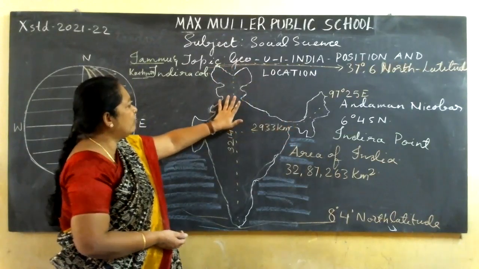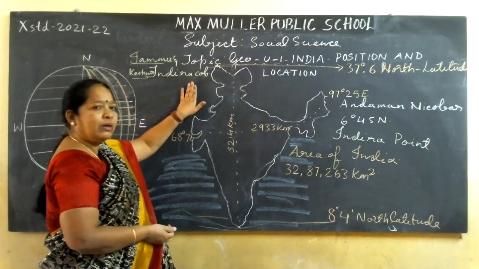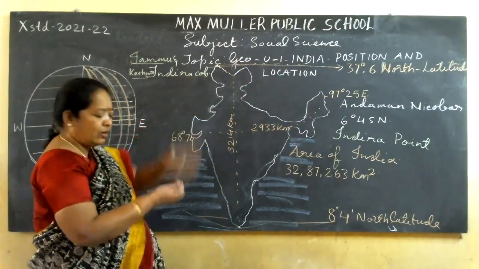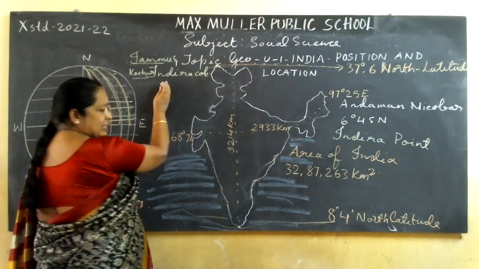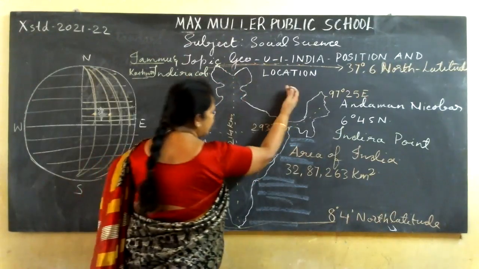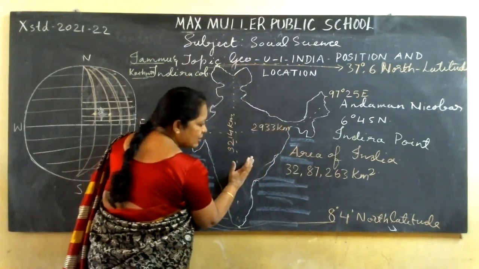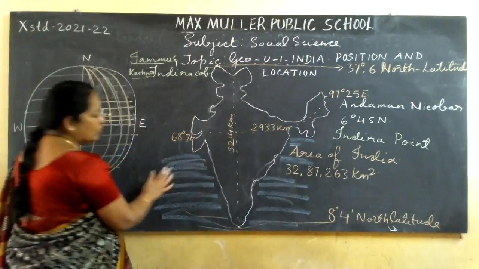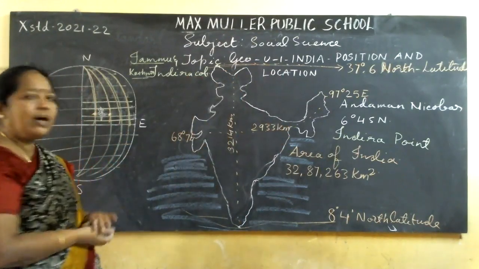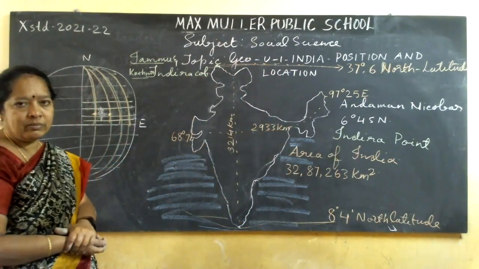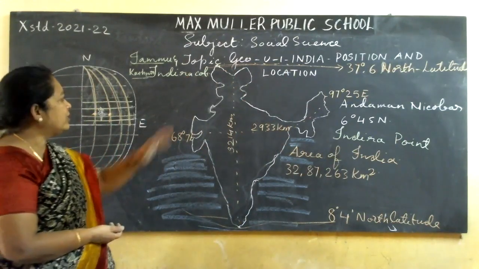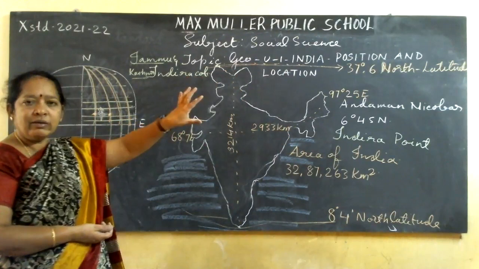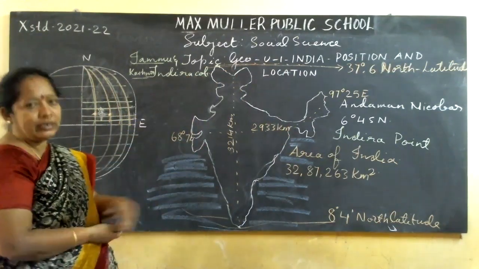Here this is north-western side, this is north-eastern side, this is south-eastern side, south-western side. So we have 7 foreign countries, which are neighboring countries.